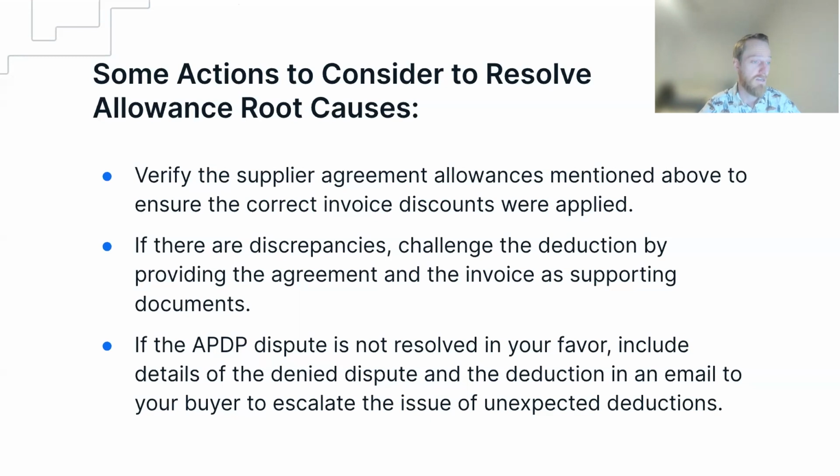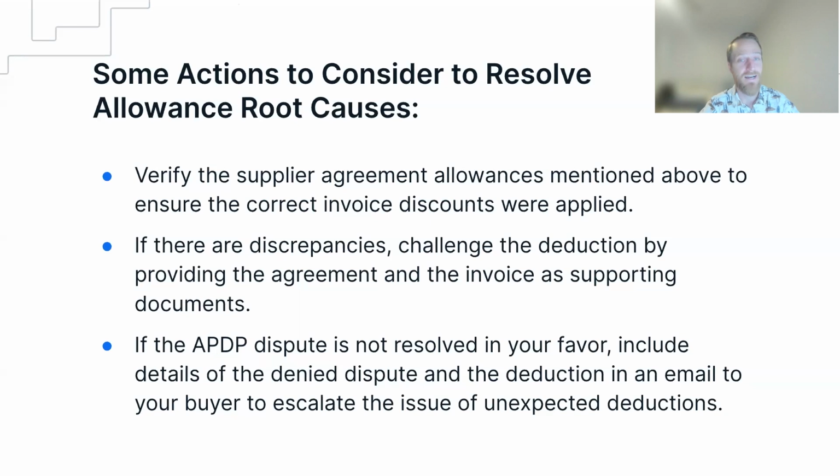And then if you see discrepancies, or you did give the allowance correctly, or you weren't supposed to give it altogether because it's not on the agreement, then what you want to do is dispute, providing a copy of the supplier agreement and a copy of your invoice to summarize the evidence and submit that.